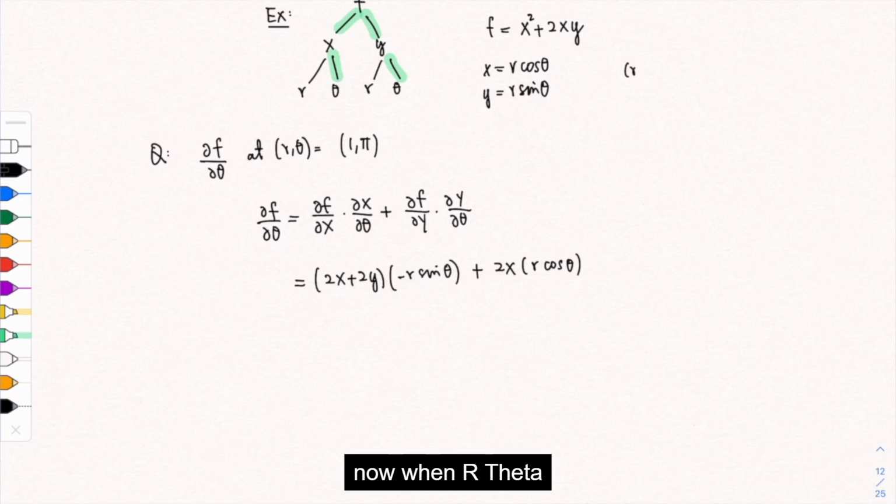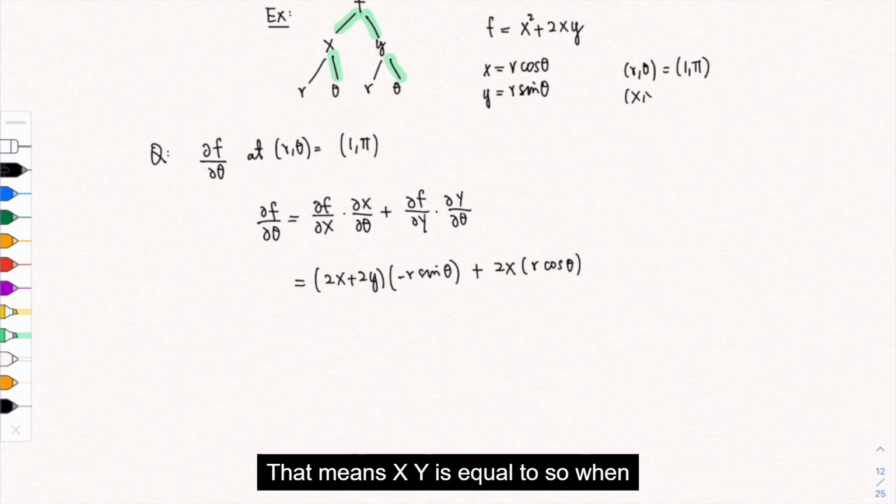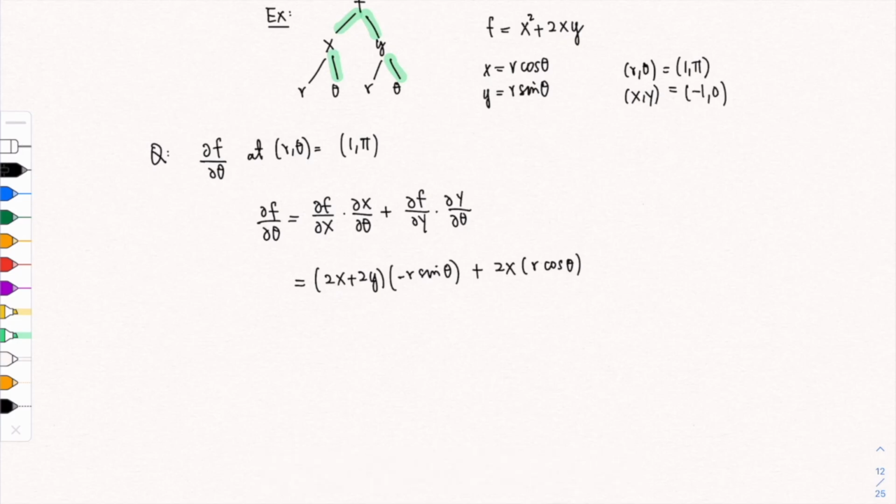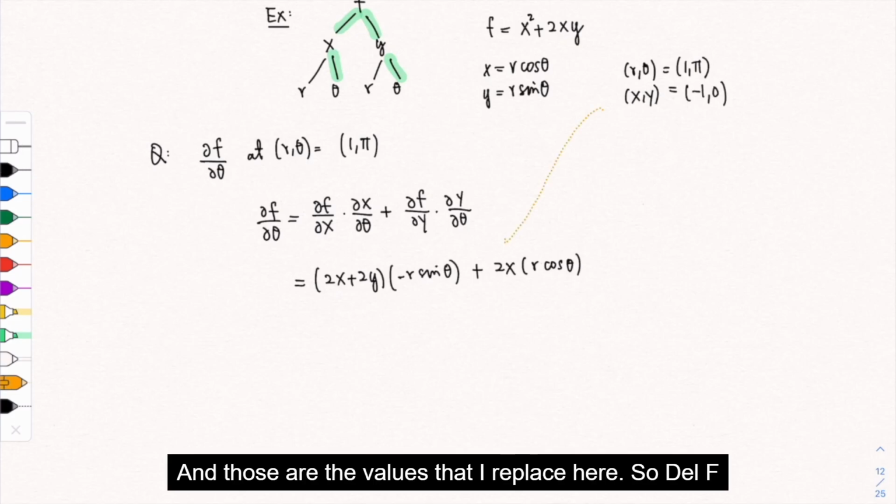Now when r, theta is equal to 1, pi, that means x, y is equal to, when I replace 1, pi in here, I'm going to get minus 1, 0. And those are the values that I replace here.